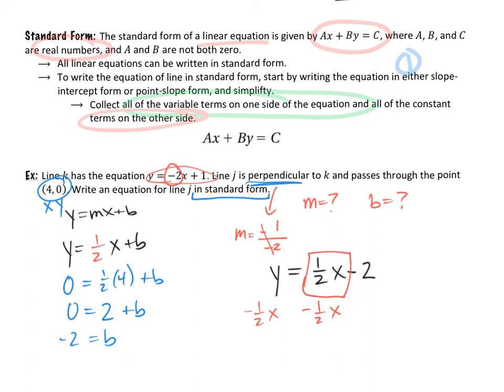Now on the left side of the equation, we want to write our x term first. And so we get negative 1/2 x plus y equals negative 2. And now I have ax plus by. There's nothing written in front of y, so my invisible coefficient is a 1. Okay, and then equals just a number, and so in this case, c is negative 2.